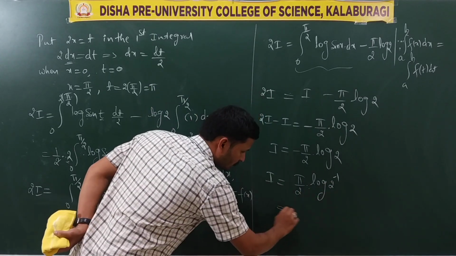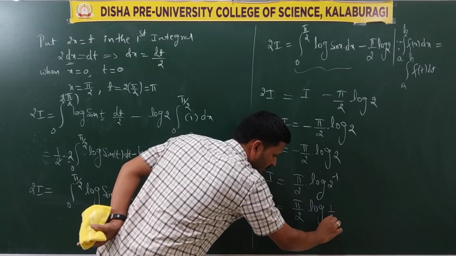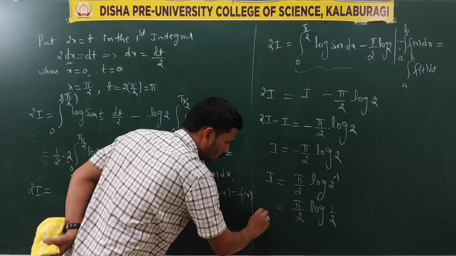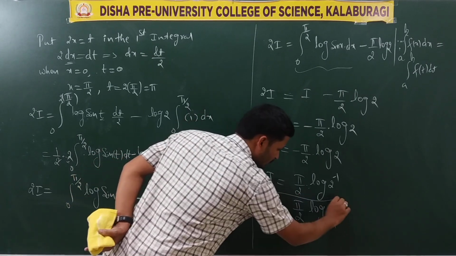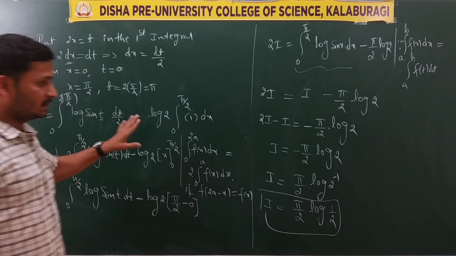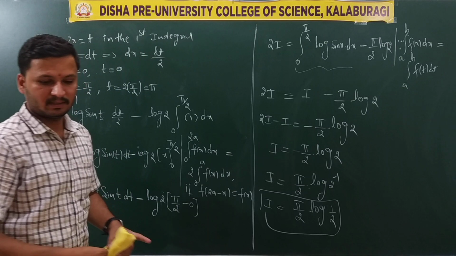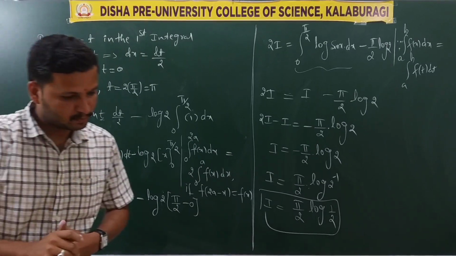Okay, so pi by 2 log of 2 raised to minus 1 is, that is 1 by 2. So pi by 2 into log of 1 by 2 is integral. So lengthy ಇದೆ, steps correct ಆಗಿ ಅರ್ಥ ಮಾಡ್ಕೊಳ್ಳಿ. Okay, then next problem.